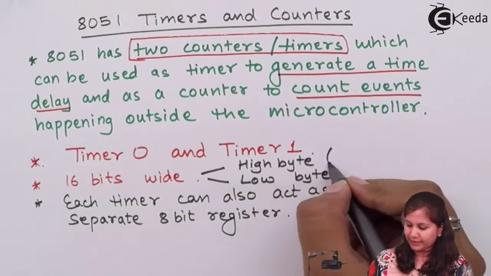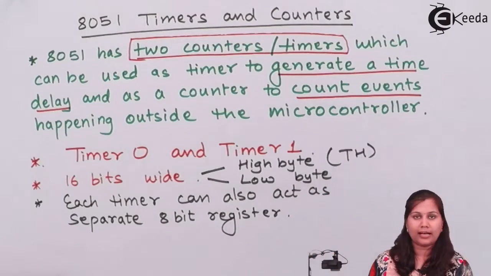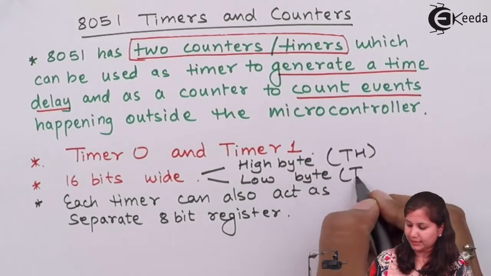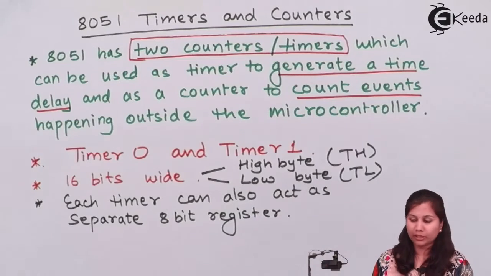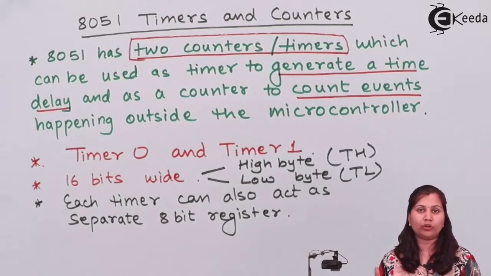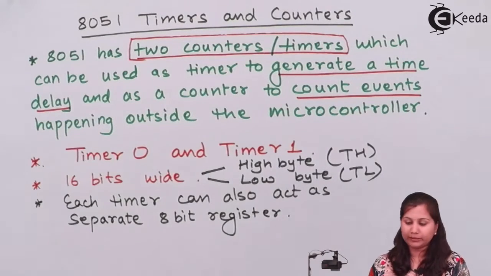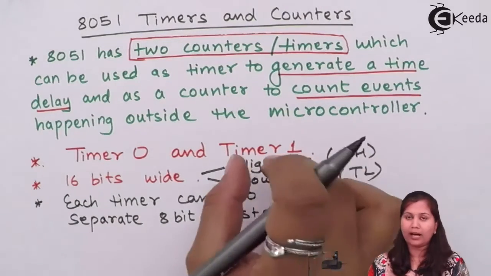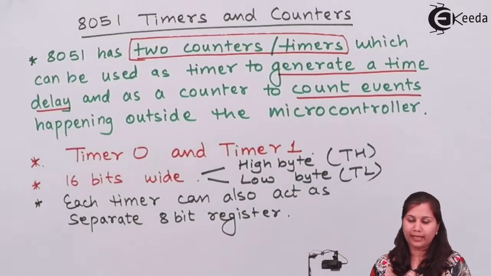So higher byte, it is denoted as TH and lower byte, it is denoted as TL. Okay, so if we want to have a 16-bit number, then we can use the whole timer, and if we want only 8 bits to be used, then we can use the higher or the lower byte timers.